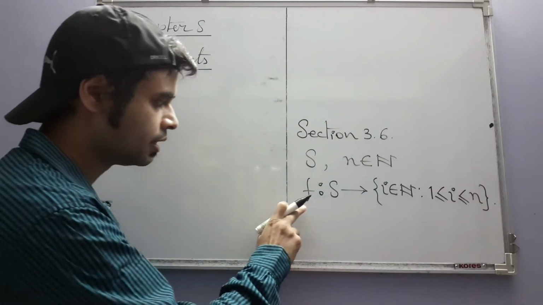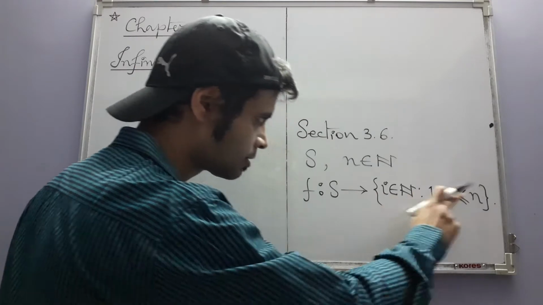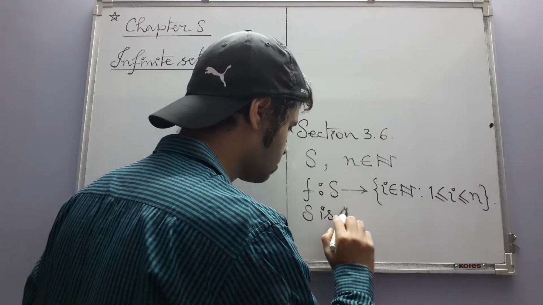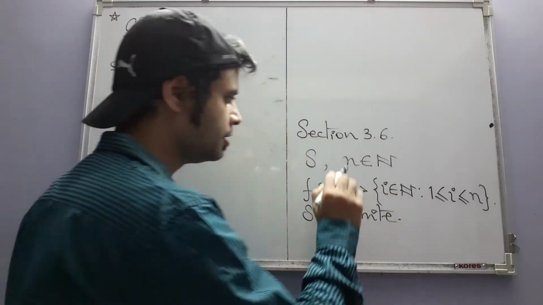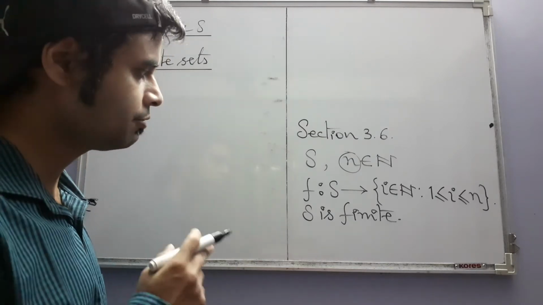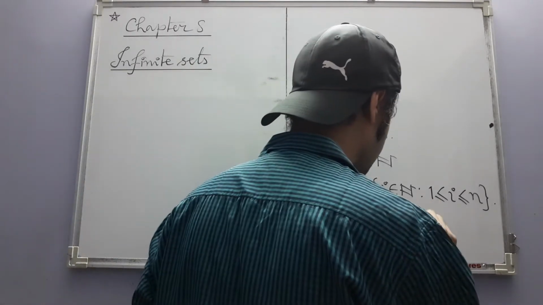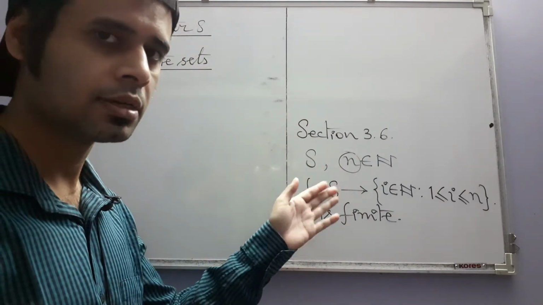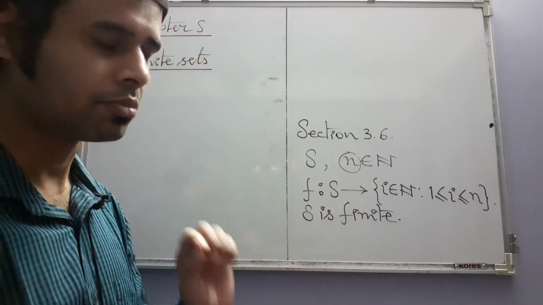If it happens that there is such a bijective function f between S and a set which looks like this, then S is called finite, and this natural number n is, in that case, called the cardinality of S. And we saw in some of the results in this section that if S is a finite set according to this definition, then its cardinality is a unique natural number.